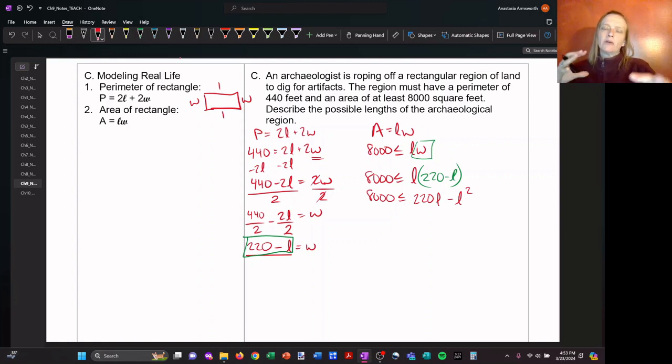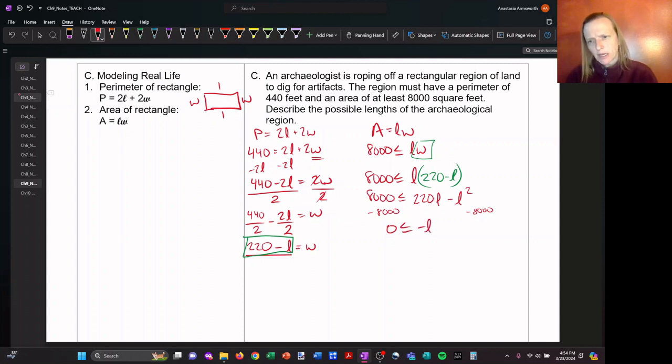And I want to write my quadratic inequality in standard form. I want all components on one side. So I'm going to subtract 8,000 from both sides. If I do that, I'm left with 0 on the left side of the inequality.